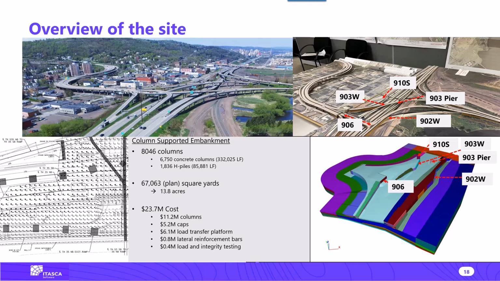But the idea here, that you can see on the right, is that the large intersection was essentially the converging point of all these bridges and all these embankments. So the model that we developed, as you see in the right corner at the bottom, was the full intersection. Instead of going for smaller models, bridge 903, abutment A, B, and C, we would end up having 12 different models that were not communicating together and would not have been able to give the whole picture.